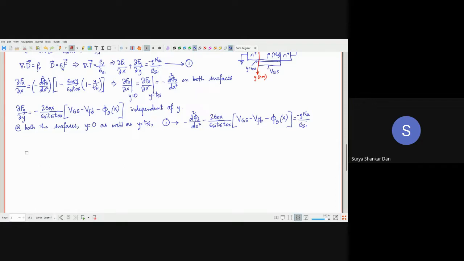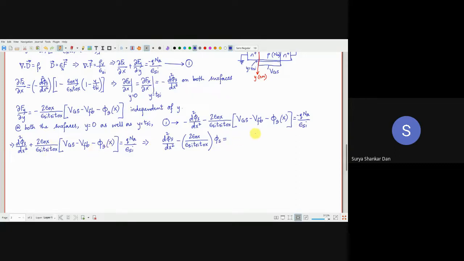okay, let's do this, it will be easier. Okay, d2 phi s dx square minus this part will remain. d2 phi s dx square minus, just tell me if I am making any mistake, because I am solving it right now in front of your eyes.